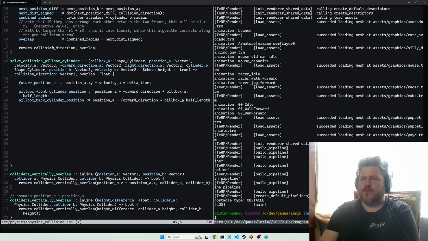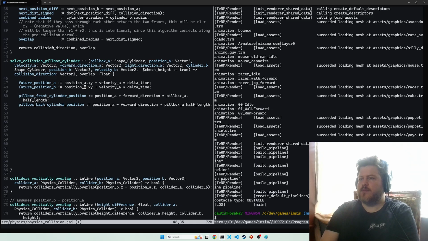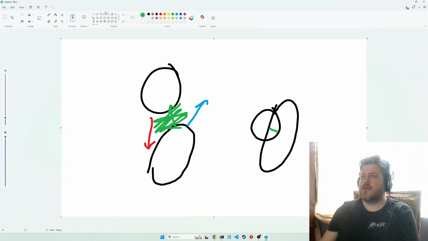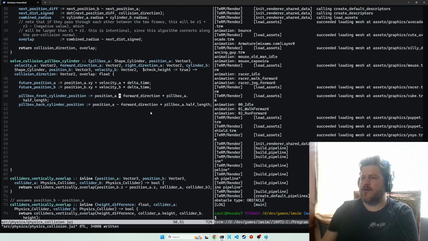And then future position B is going to be position B plus velocity B times delta time, right? And then we have multiple positions to work out here with the pillbox shape. So just to go back to it, pillbox shape has kind of like a line segment running through the middle of it with 2 points of importance, because there are 2 circles centered at those points, right? All right.